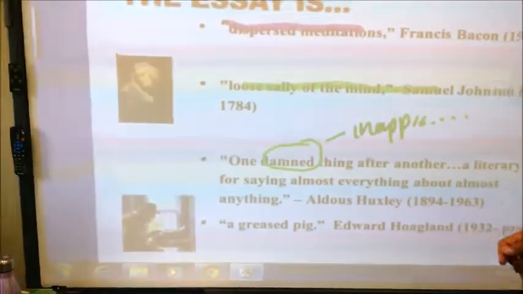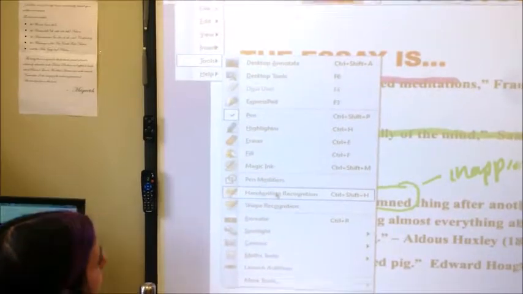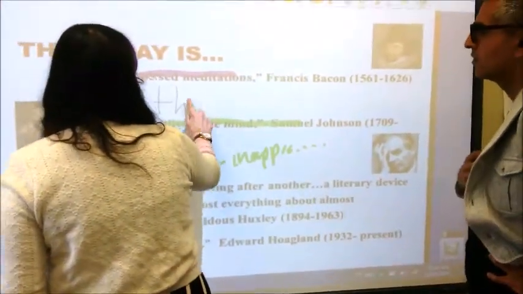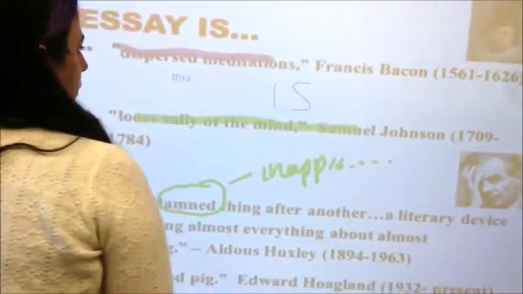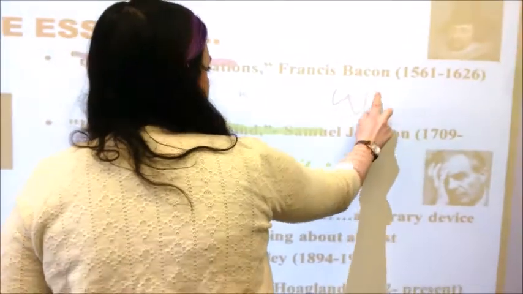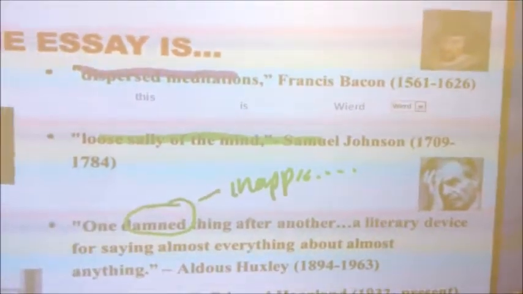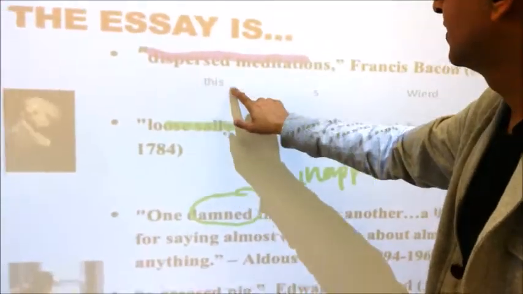I also noticed that there's a really cool tool for handwriting recognition. So in that case, I could write this, and it converts it. If you have messy handwriting, it can convert it. But I notice it doesn't fix the spelling though.